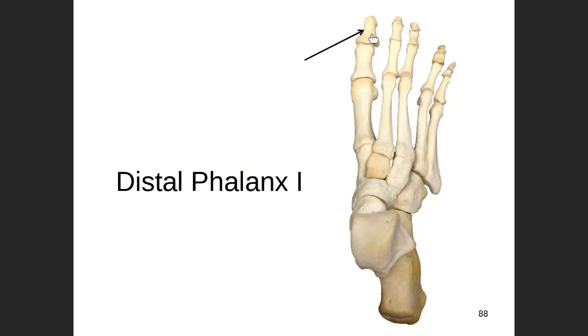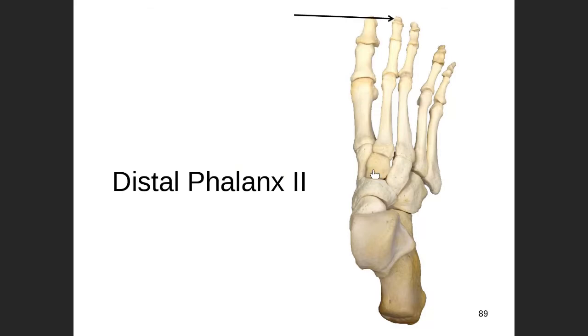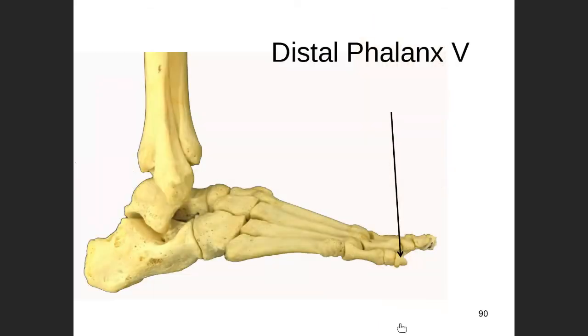So there's distal phalanx 1 in the big toe, distal phalanx 2, distal phalanx 3, it's really hard to see, distal phalanx 4, and then distal phalanx 5. And you can see it here from the lateral view, distal phalanx 5. And that's all she wrote.